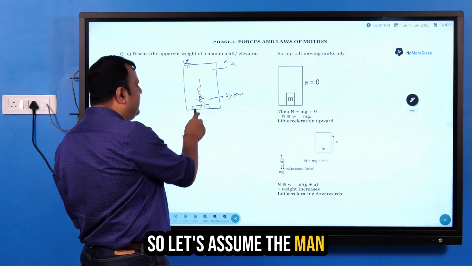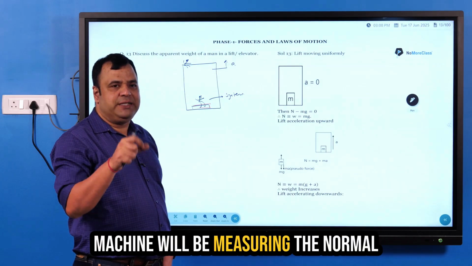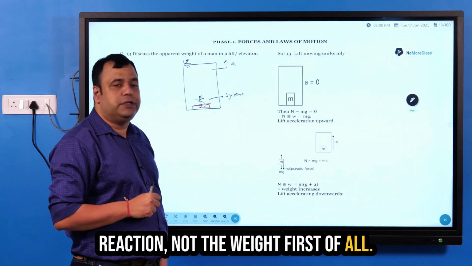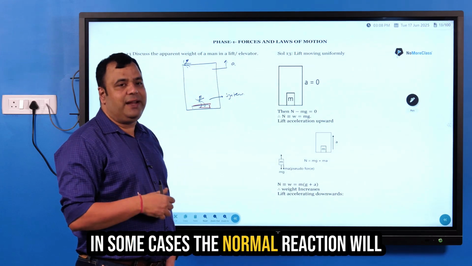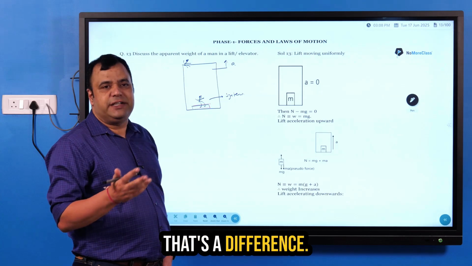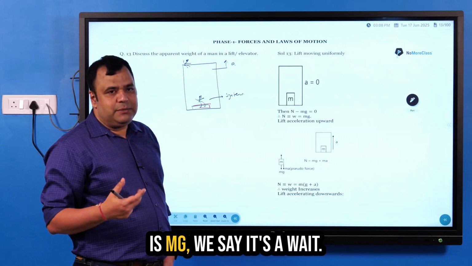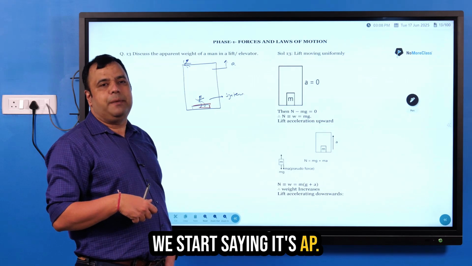So let's assume the man is standing on a machine. If the man is standing on a machine, the machine will be measuring the normal reaction, not the weight, first of all. Now, in some cases, the normal reaction will be mg, but in some cases, it won't be mg. That's the difference. When the normal reaction is mg, we say it's the weight, and when the normal reaction is not mg, it is changing, we start saying it's apparent.